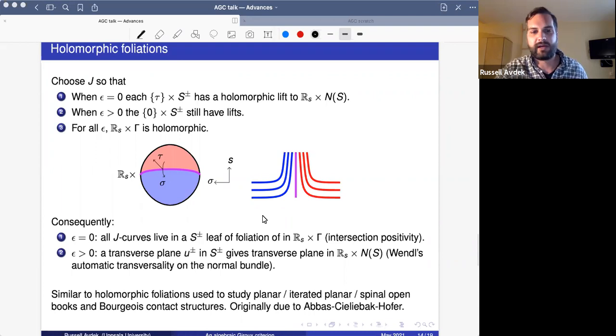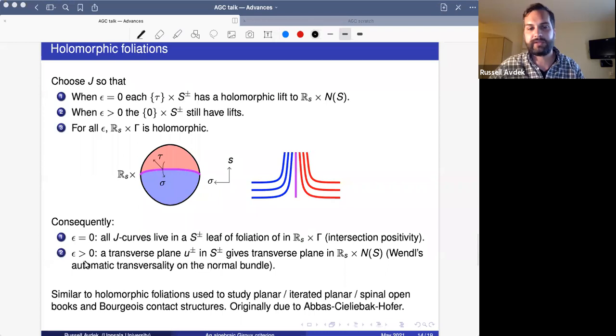Consequently, when epsilon is equal to 0, we can see all of the holomorphic curves using this foliation. Intersection positivity tells us that the holomorphic curve has to either be contained in a leaf of our foliation, which is one of these positive or negative regions holomorphically lifted, or it lives exactly in the symplectization of the dividing set.